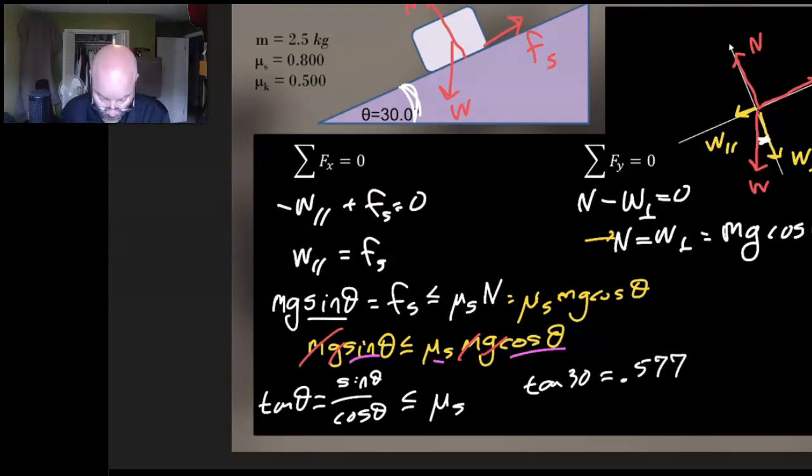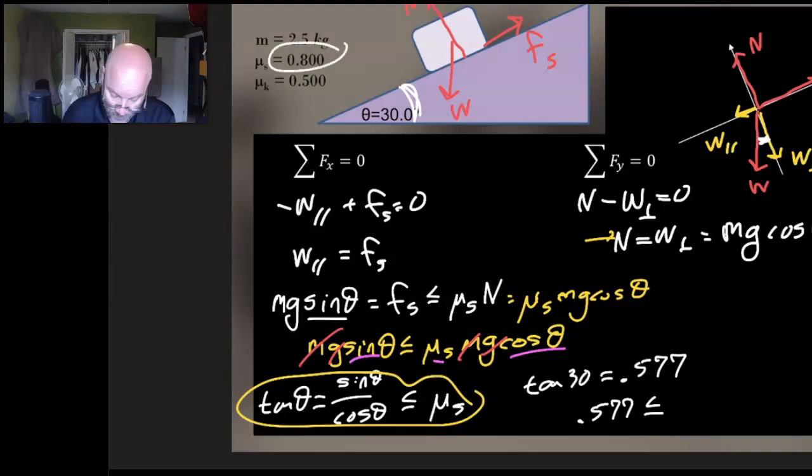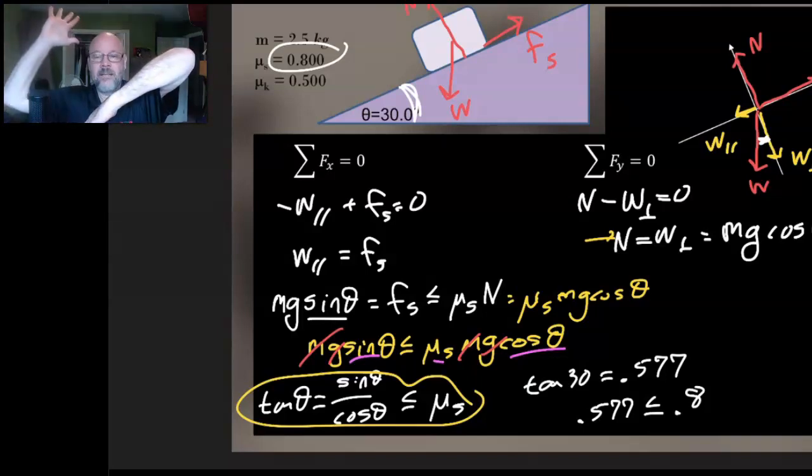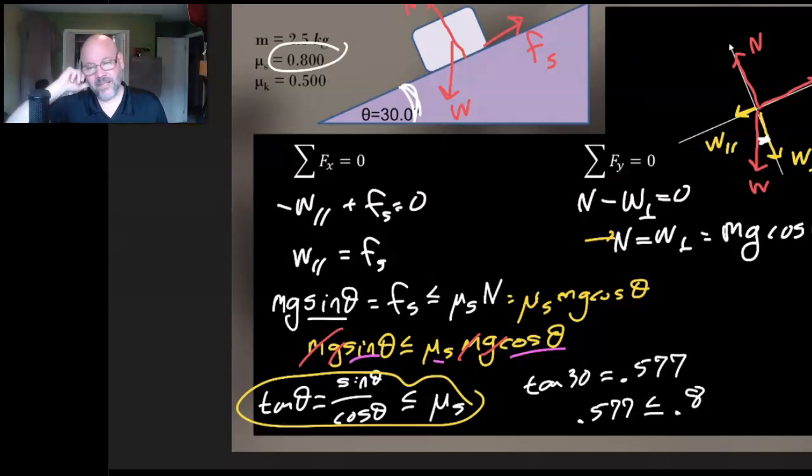And so what our equation here is saying is, we're comparing 0.577 and asking, is that less than or equal to mu s? And mu s was 0.8. And the answer is yes. It certainly is. So that tells us that we could stick this block on our ramp there and it will stay. It's not going to go anywhere. It's just fine.